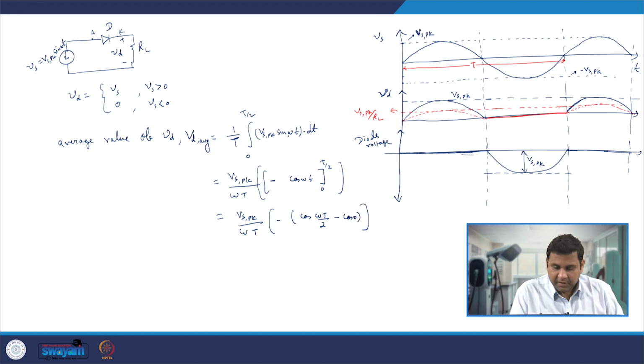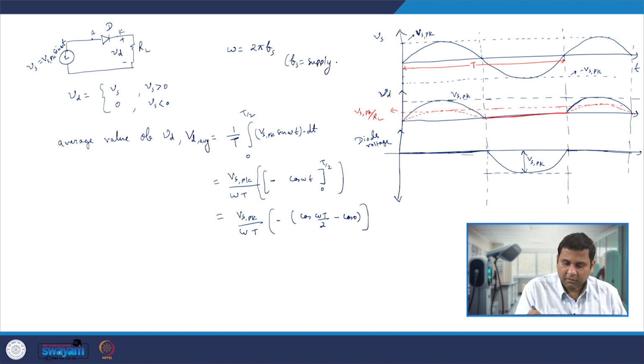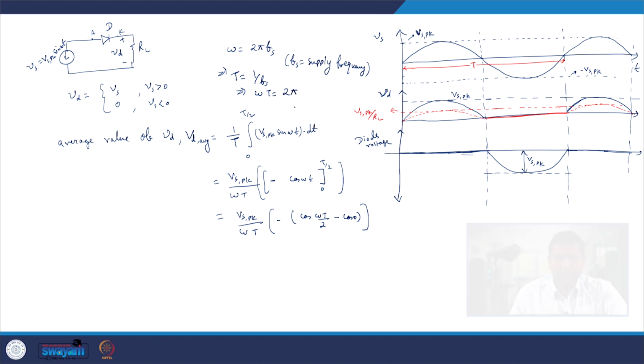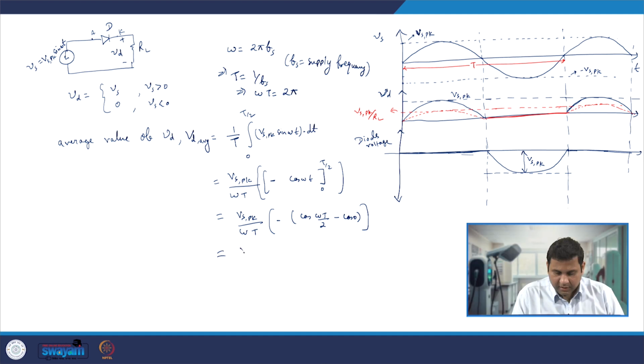Now, omega is nothing but 2 pi fs, where fs is the supply frequency, and T is nothing but 1 by fs. So that implies omega T is equal to 2 pi. The same thing we will put over here: Vs peak, omega T we can put as 2 pi, minus of cos pi minus cos 0.